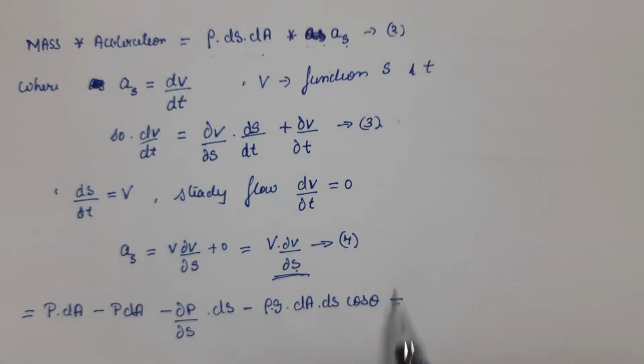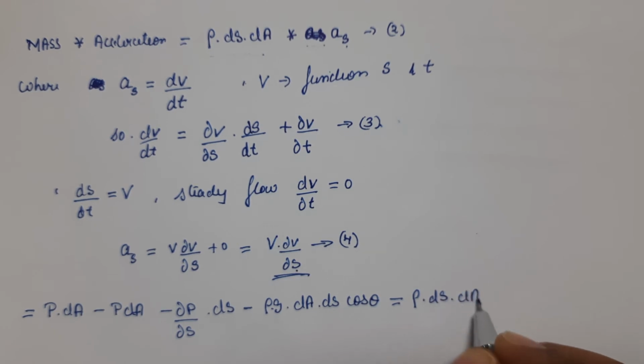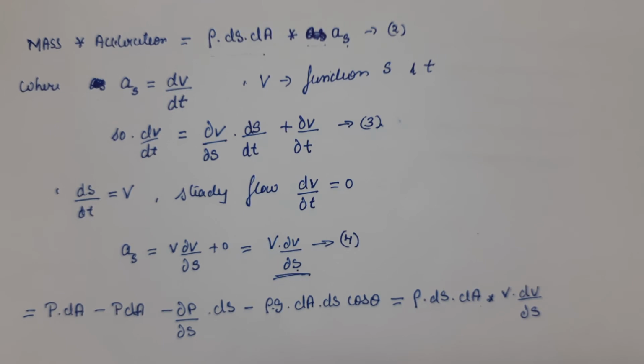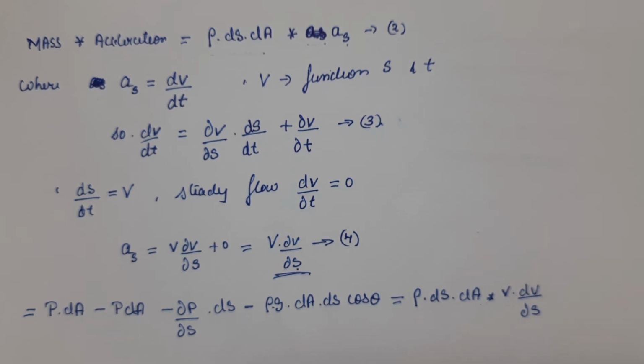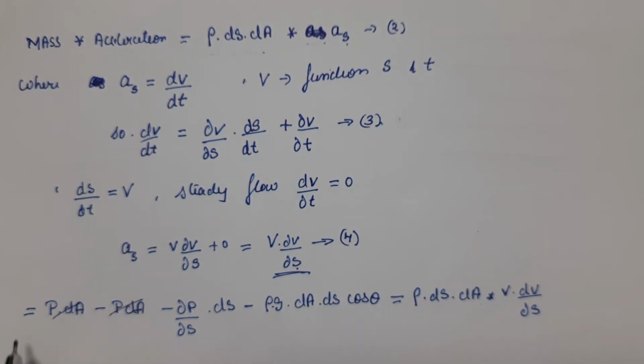That is rho ds dA into v dv by ds. Now in this whole equation, some terms cancel out.